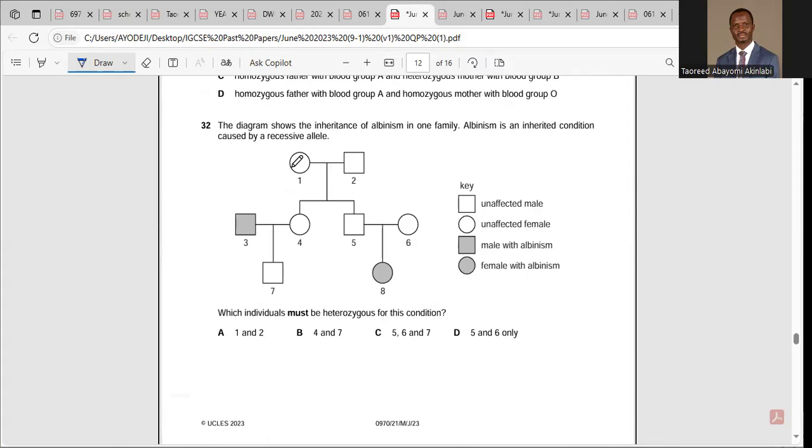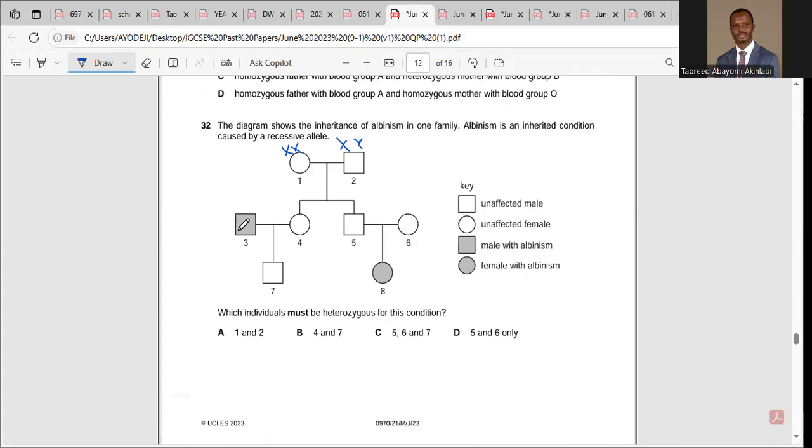That means for the female, it will be X, X, without any trait of albinism. And for the male, it will be X, Y, no trait of albinism also.